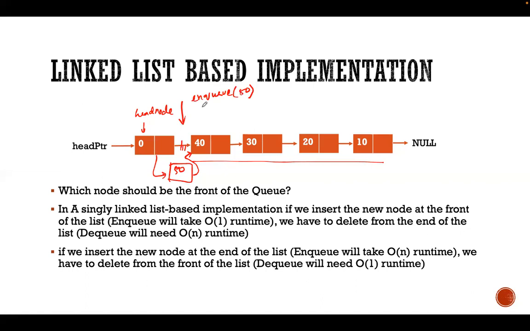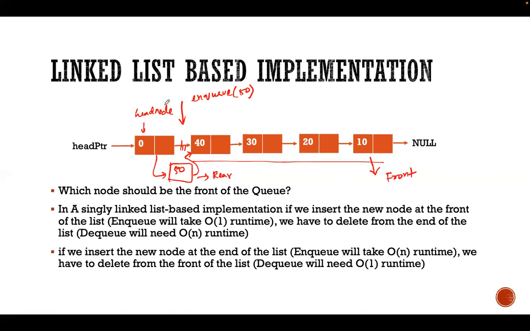So what does that mean? Now we are inserting an item in the queue. We insert an item at the end of the queue, right? So here we are enqueuing the item at the front of the list, meaning this is the last item in the queue. This is actually our rear item in the queue, and this is the front item in the queue.